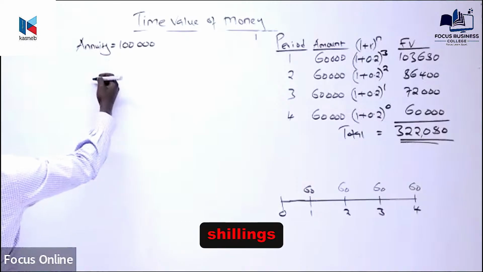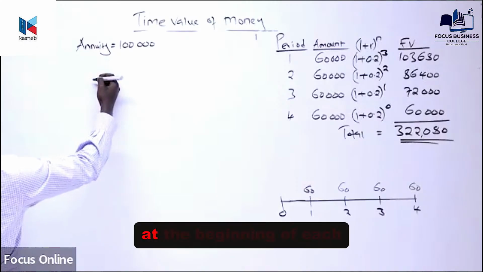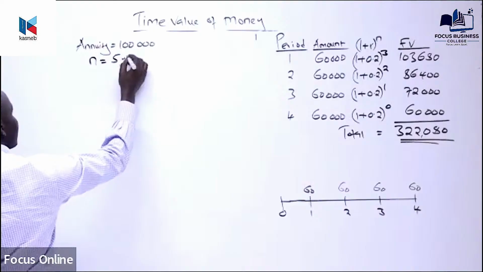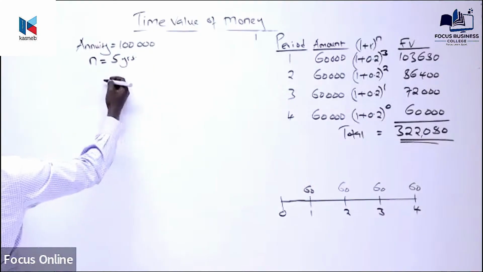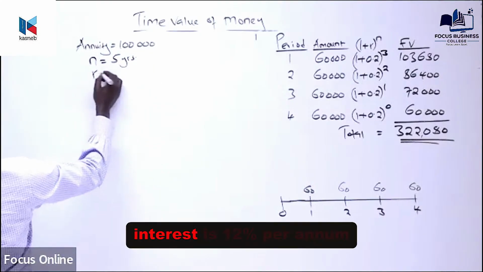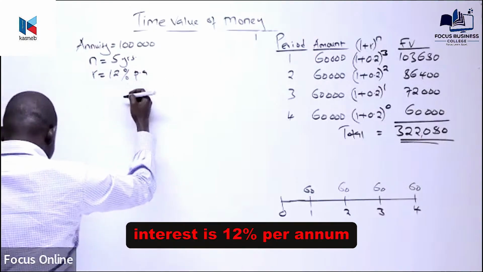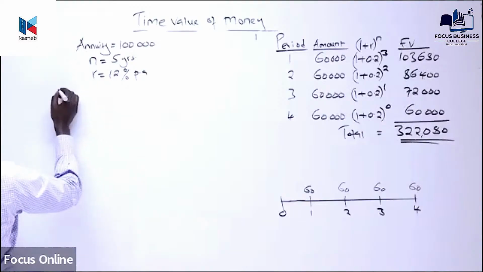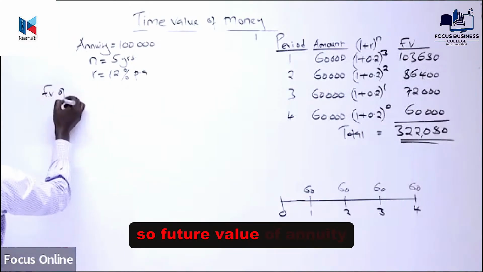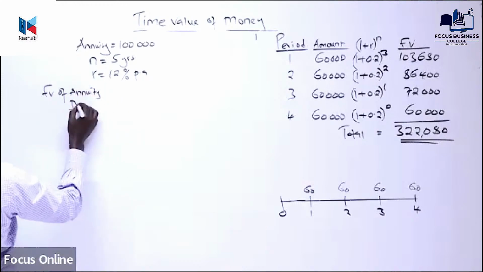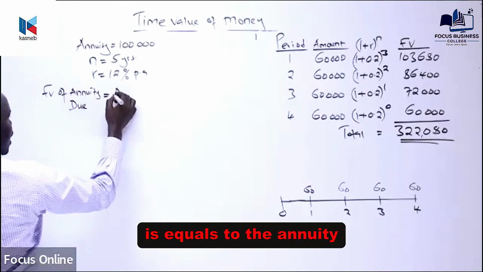What is the value of shillings 100,000 investment annually at the beginning of each of the next 5 years? The period is 5 years. Interest is 12% per annum, and it's at the beginning. So future value of annuity due is equal to the annuity.